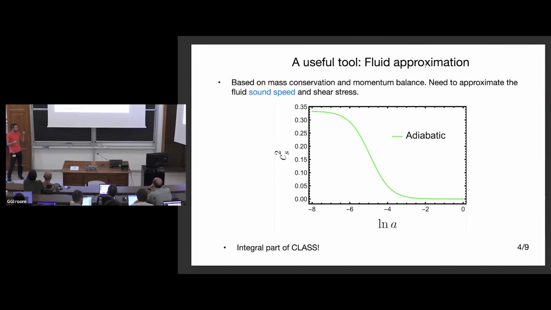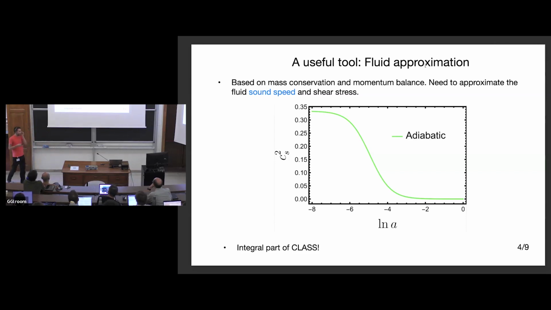The standard approach for the sound speed is to say that it's a scale-independent thing. For CLASS, for example, when the fluid approximation is used, we just say it's an adiabatic sound speed, something that's just a function of time. Of course, it goes like 1/√3 of the speed of light early on, when it's relativistic, and then goes to 0 as it becomes non-relativistic. But that's the position-independence assumption that you make for the sound speed.